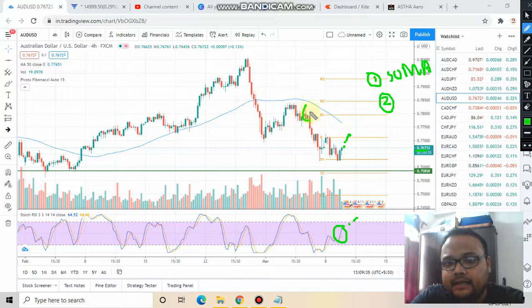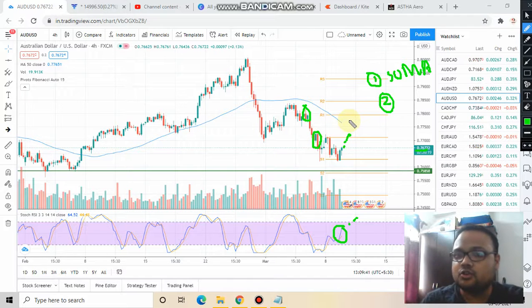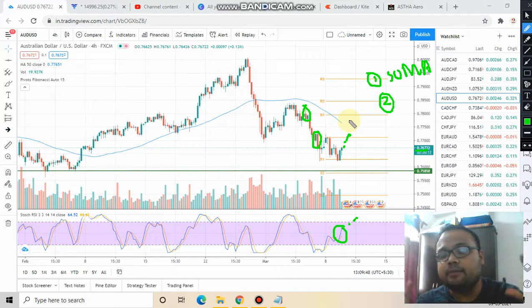It can be like this also or like this also. If you see that market is in overbought zone and it is giving you the signal of bearish engulfing pattern or shooting star kind of a pattern, this means that market is about to go down again.